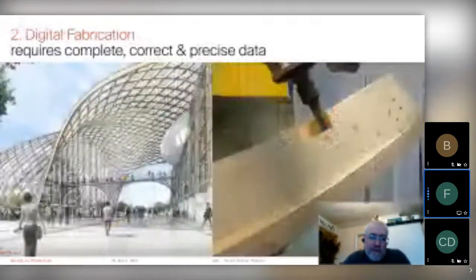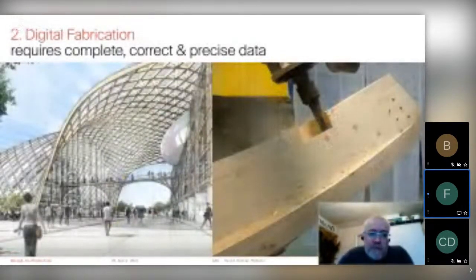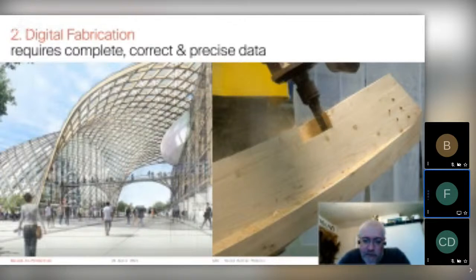The other thing that happens when you talk about digital fabrication is that it requires complete, correct, and precise data in the end. You have a CNC machine which is perfectly capable of driving a 20 centimeter long tool through a 12-meter long beam with a tolerance of less than 0.5 of a millimeter. And this is not just because we are Swiss and we want to have it precise. This is because you want to do all the detailing directly on this machine.